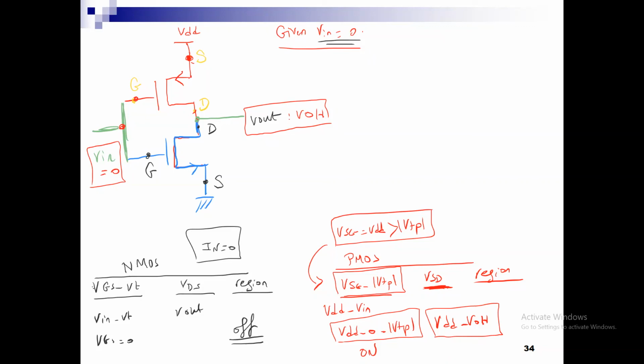Let us say VDD is around 2.5 volts, so this is 2.5 minus 0.5. On the other side, I have VDD minus VOH, which is very close to VDD. Which quantity is smaller? What region am I in?